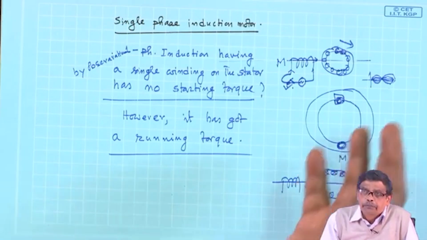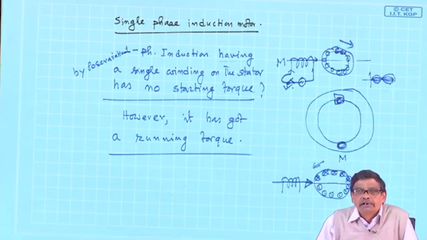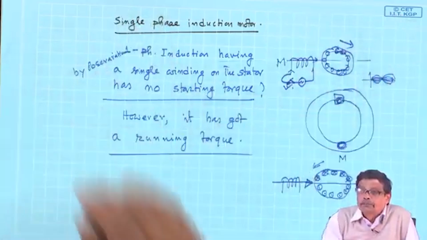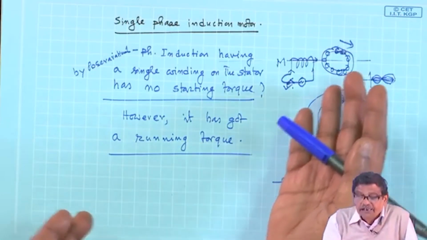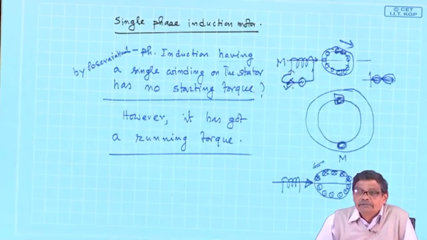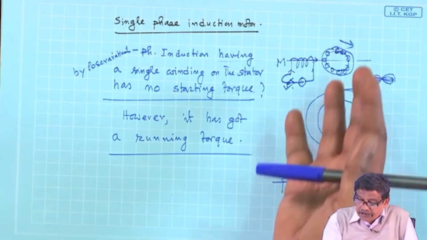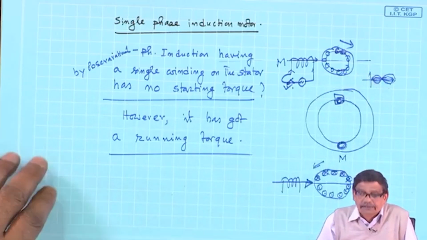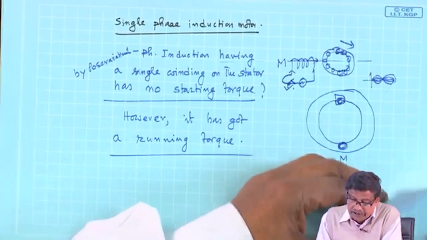And after the machine has picked up speed, I know the machine is capable of developing running torque, then I will disconnect that extra coil from the supply, and therefore, the motor will finally run on a single winding, truly like a single phase induction motor, because we know a single phase induction motor will have running torque. Okay? That is the idea. So, that way it can be done.